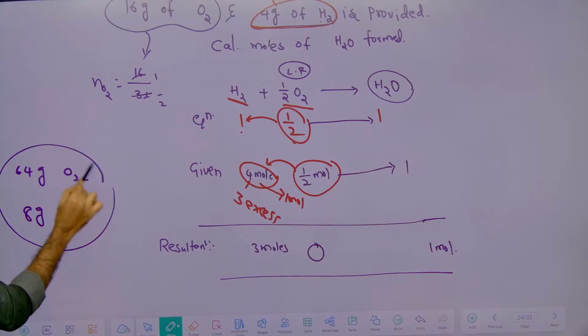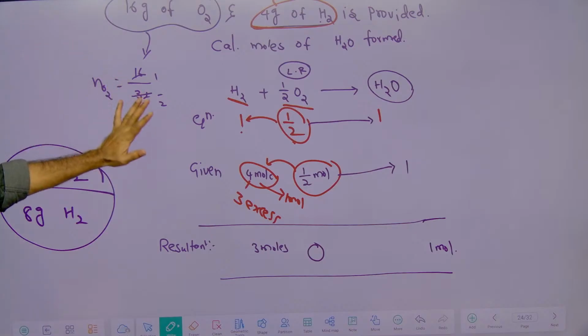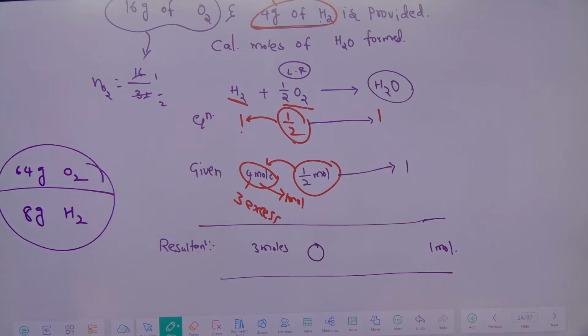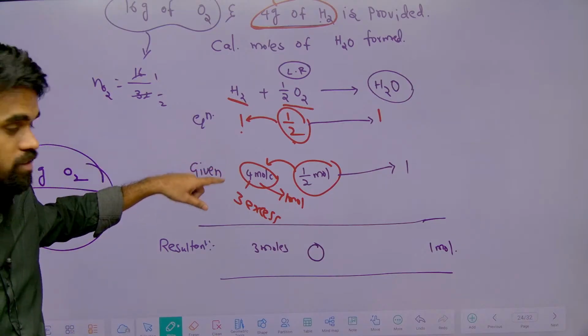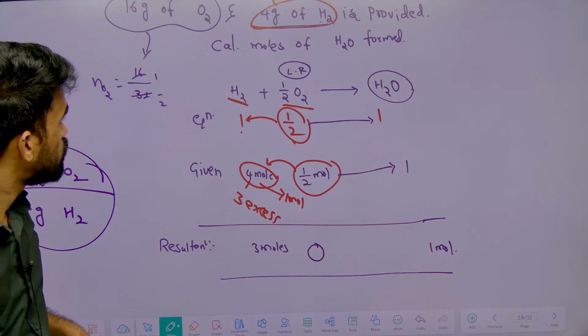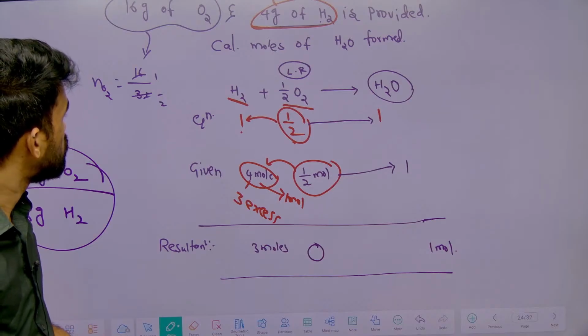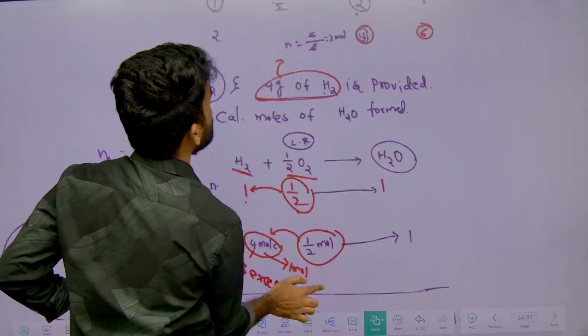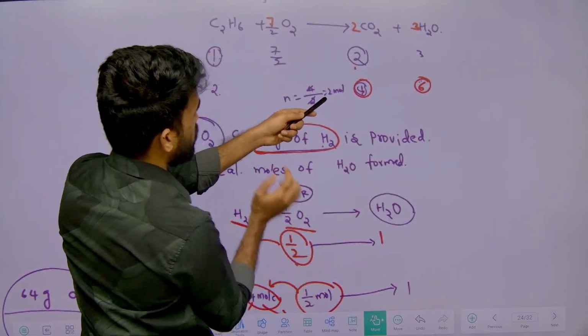For production of water only, 64 grams of O2 and 8 grams of H2, how many grams or how many moles of H2O is formed? Okay, 2 moles only.